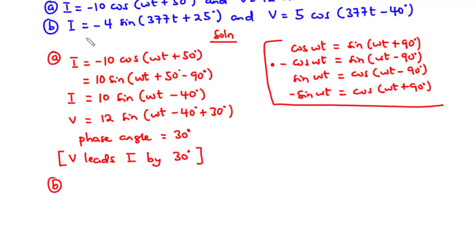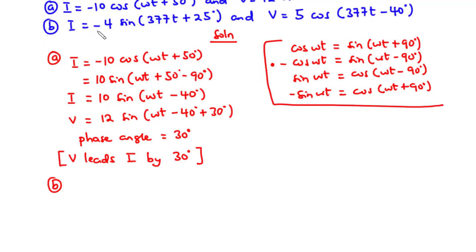So for B, we have I equals negative 4 sine 377t plus 25 degrees. We also have V to be 5 cos 377t minus 40 degrees. Now we have I to be a sine wave, we have V to be a cosine wave. Since the amplitude of I is a negative value, it is more appropriate to convert I from the sine form to the cosine form.